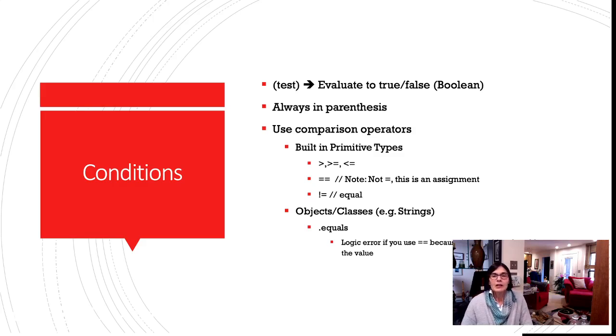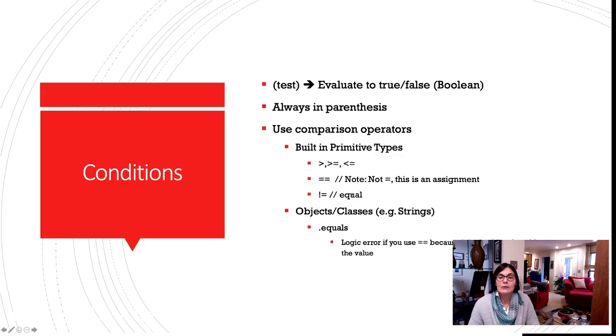All right. So in parentheses is going to be a test. And that test in the conditional is going to evaluate to a Boolean, true or false. That's a little b boolean. The test is always in parentheses. For built-in primitive types, you're going to use greater than or equal, less than or equal. To test for equality, you use two equal signs, not one.